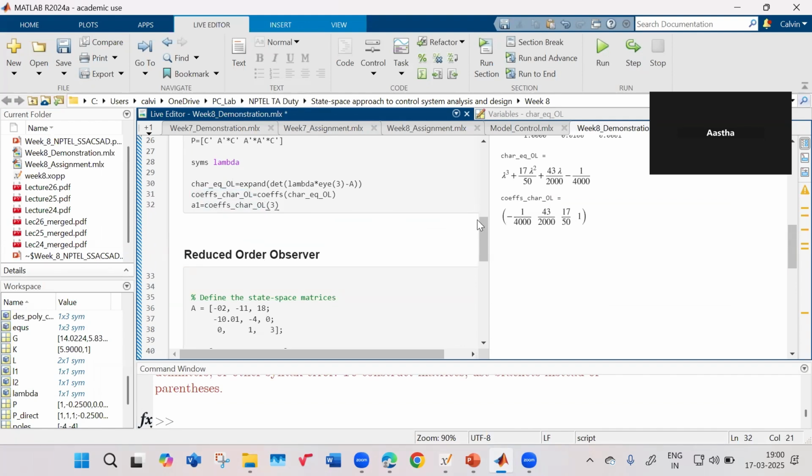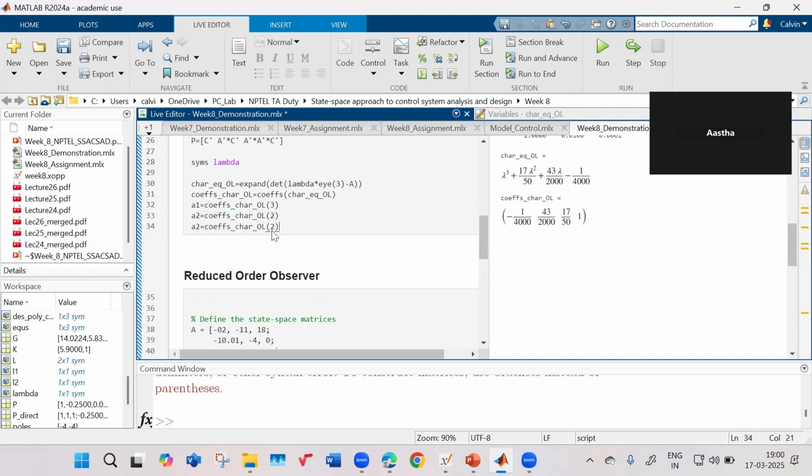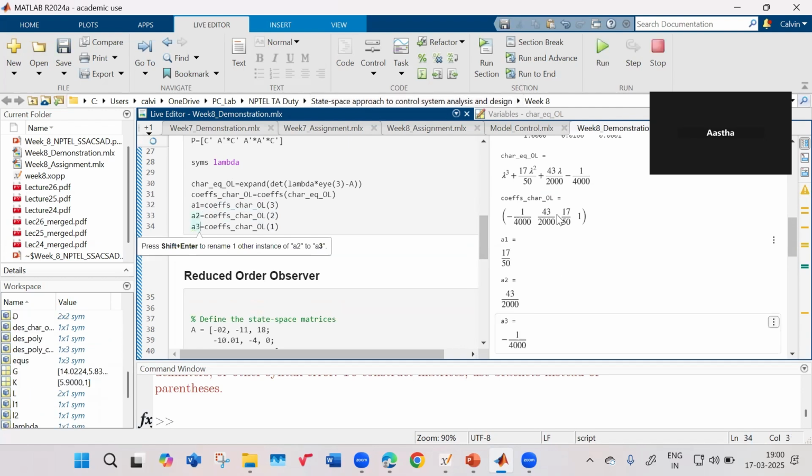My a2 is the second one. And my a3 is the first one. So let us check. So a1 is this, a2 is this, and a3 is this.